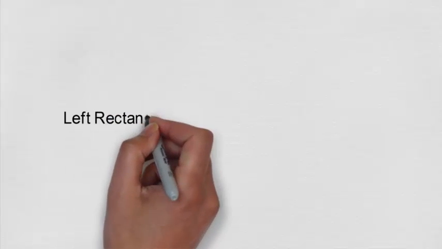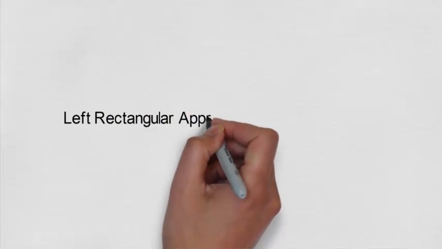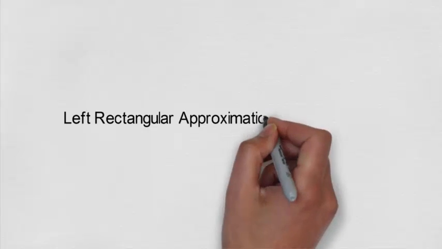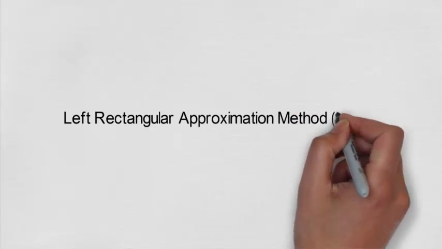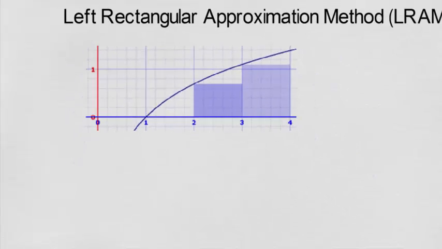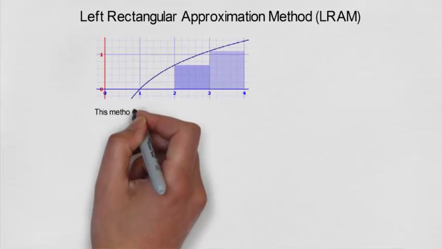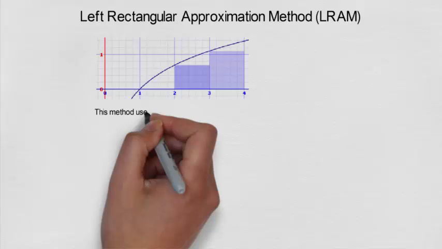Left rectangular approximation method, LRAM. This method uses rectangles whose height is the leftmost value.